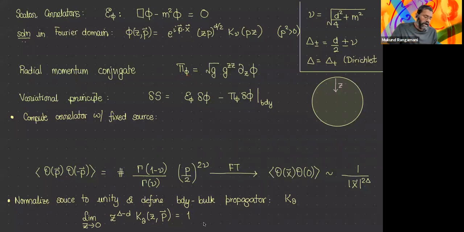Now, for the scalar field, if I want to get the correct variational principle, then I get the equation of motion as long as I freeze phi on the boundary.